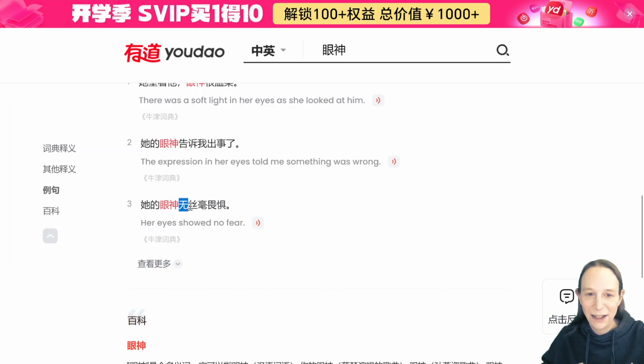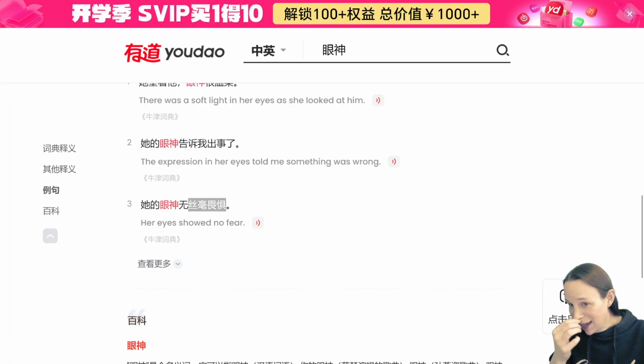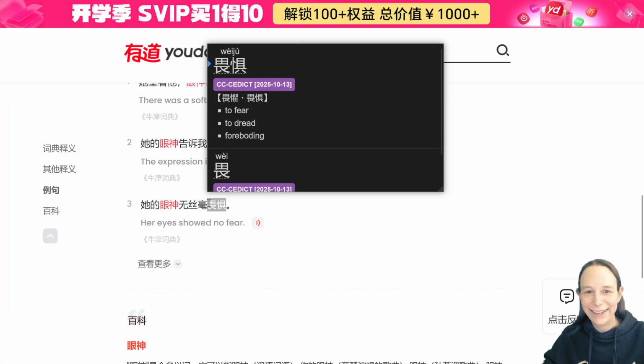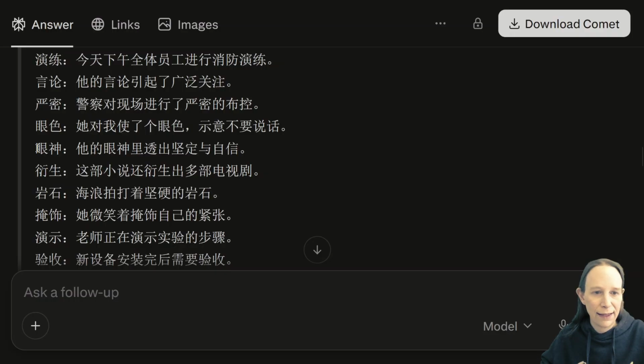他的眼神无丝毫畏惧. 丝毫 is like the tiniest amount. 畏惧 is dread. So she is without even the slightest dread, right? Dread, foreboding. All right. Oh, there's Yan Shen. 他的眼神里透出坚定和自信.